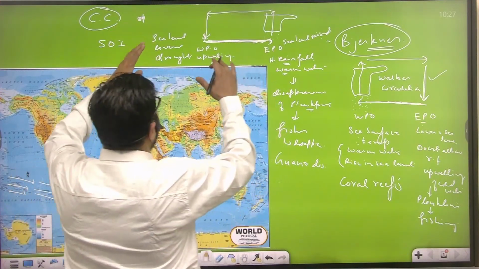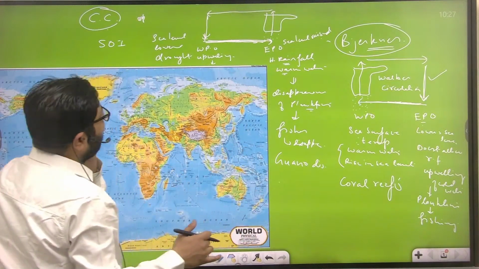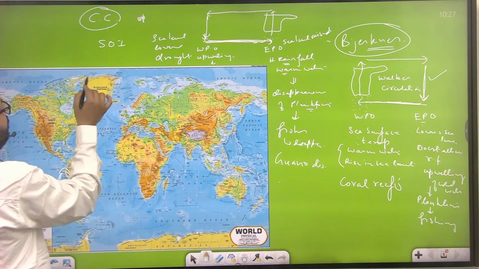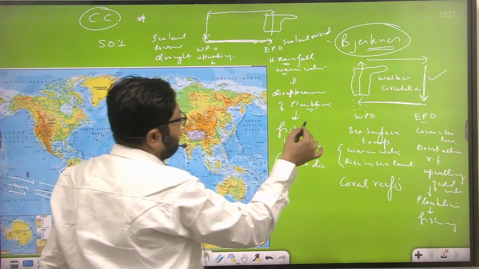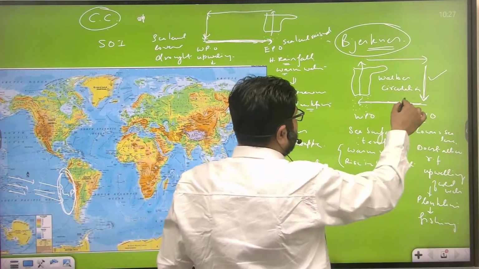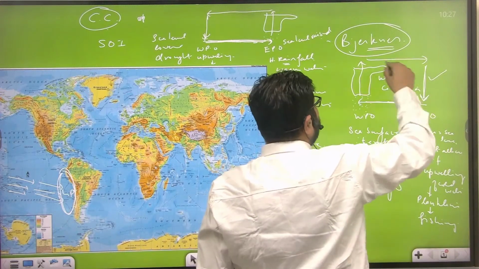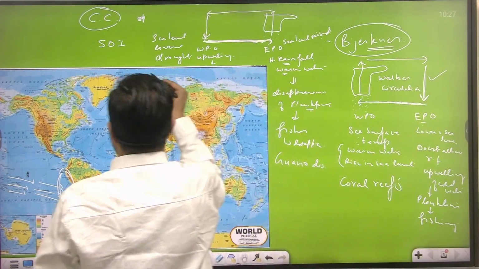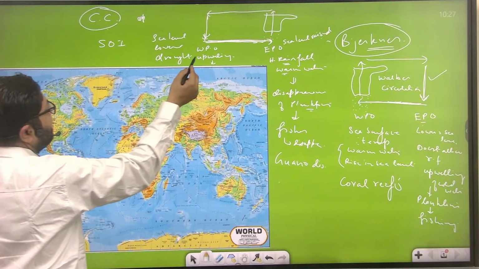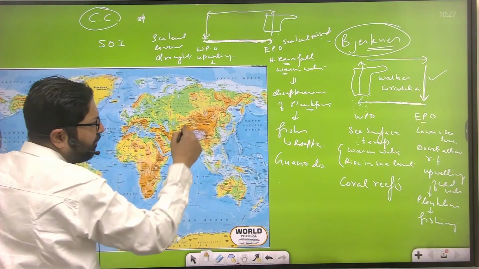Now coral bleaching takes place on a large scale. Usually when it happens, it does not happen abruptly. Suppose this was Walker circulation. It intensifies. We make use of the Southern Oscillation Index to know the condition of Walker circulation.